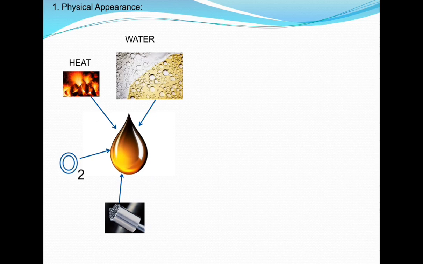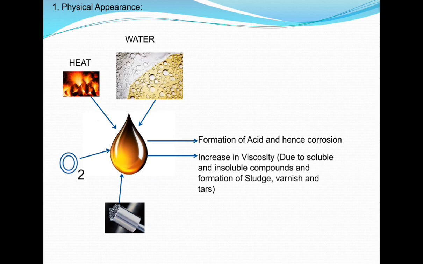When all these four mix with oil, acid formation occurs, and hence the oil is corrosive. Due to the mixing of all these things, the viscosity also changes. There is an increase in viscosity because the level of sludge, varnish, and tar increases.